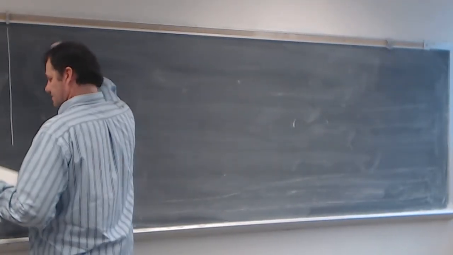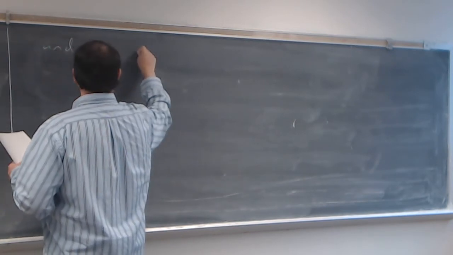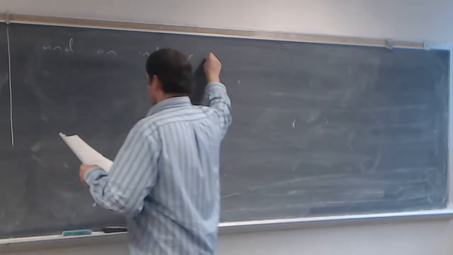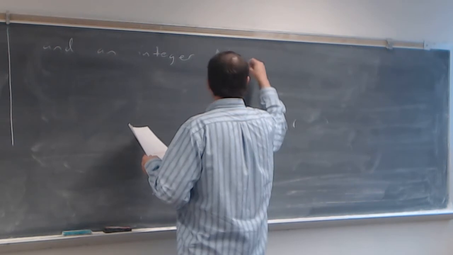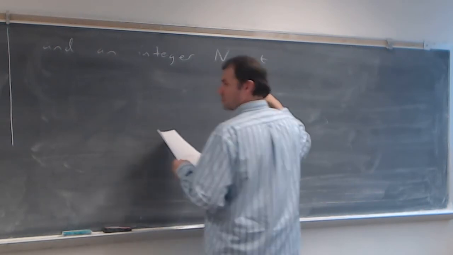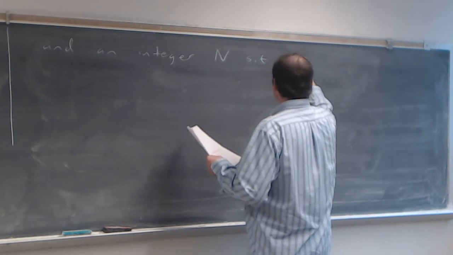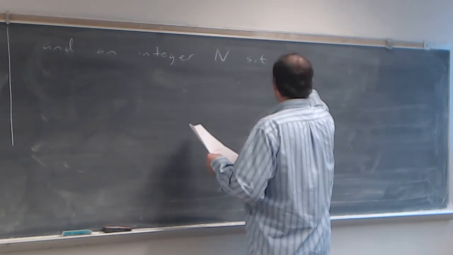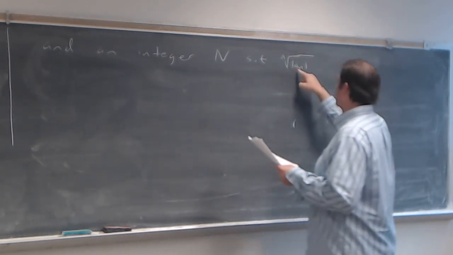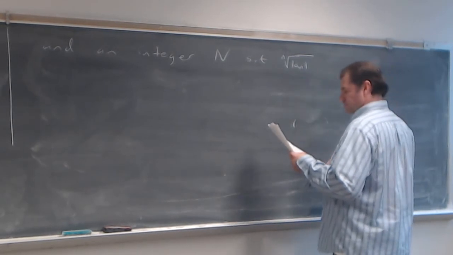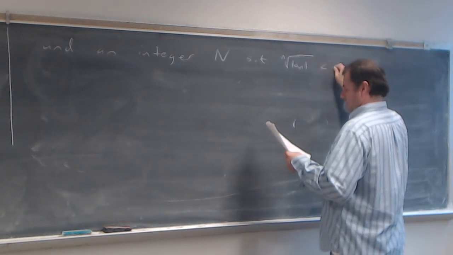So there exists this beta, and by the previous fact, an integer big N such that the nth root of the absolute value of a sub n is less than beta.